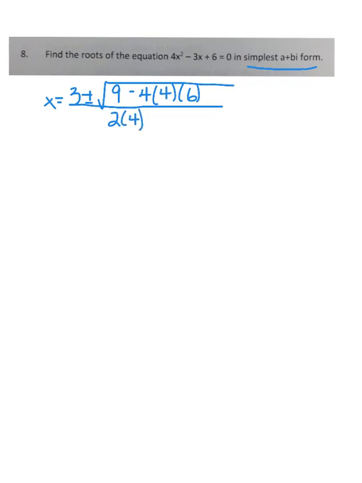Okay, well you can plug what's underneath that radical into your calculator, and you are going to get the square root of negative 87. All right, so we have x equals 3 plus or minus the square root of negative 87 over 8.